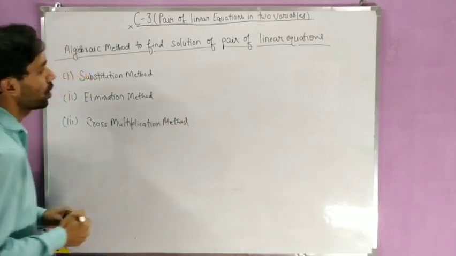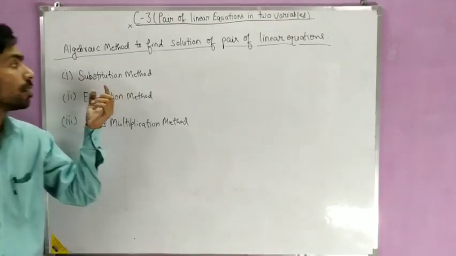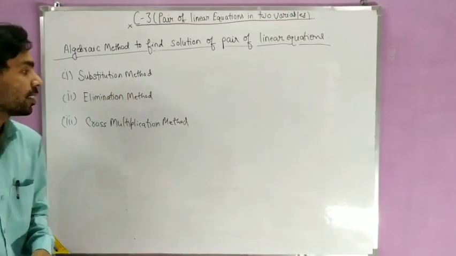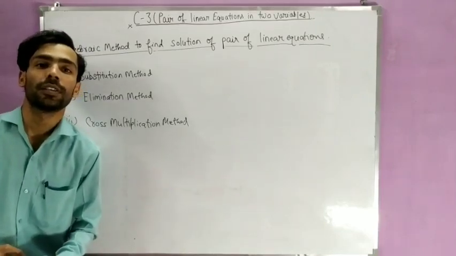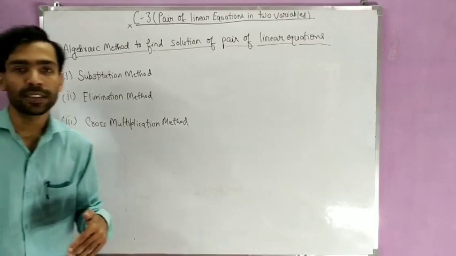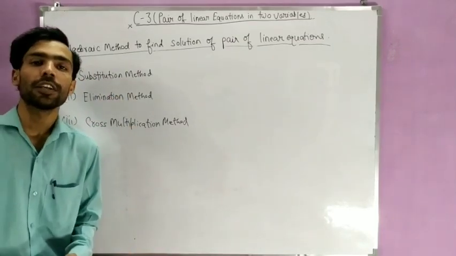Okay, so in the algebraic method there are three methods. First is the substitution method, second is the elimination method, and third is the cross multiplication method. So one by one we will discuss each method to solve a pair of linear equations.